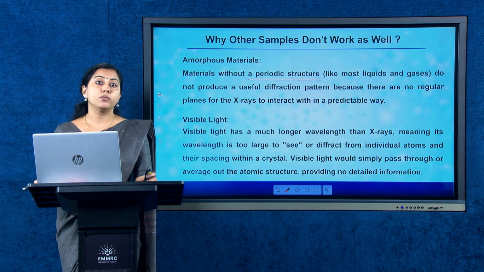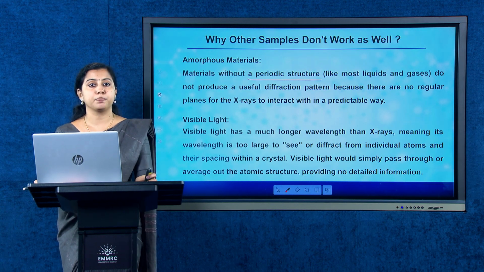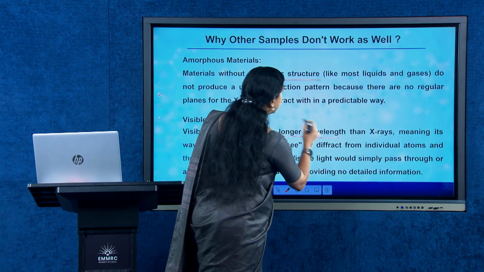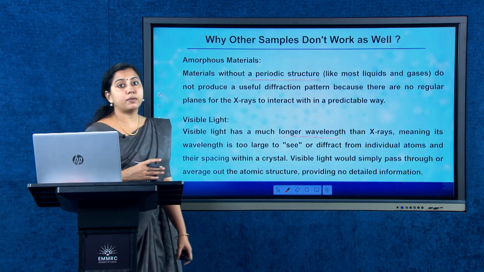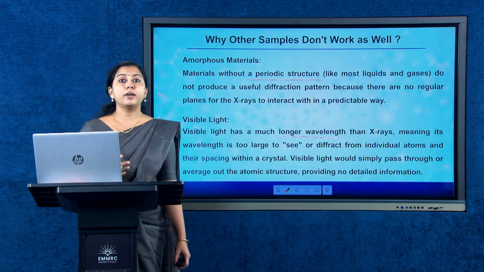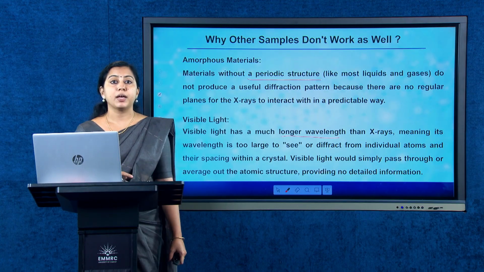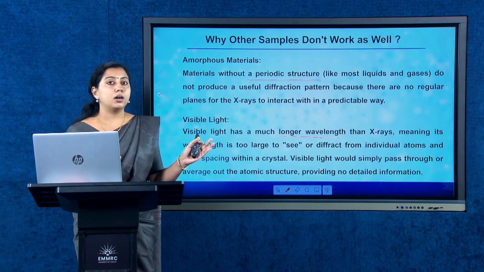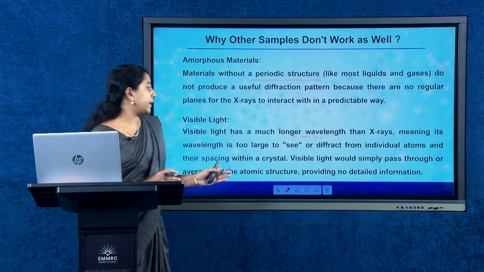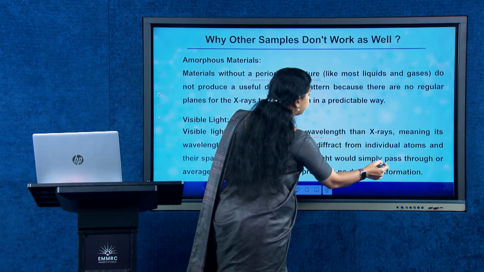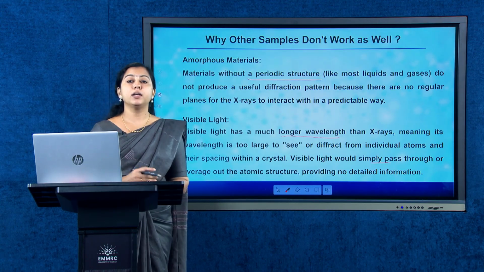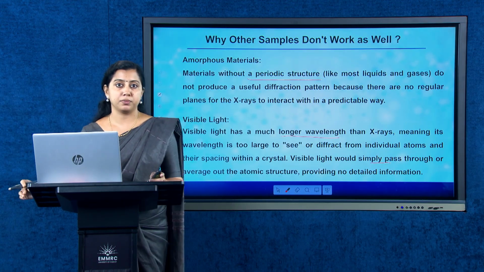Now, what about visible light instead of X-rays? Visible light has a much longer wavelength than X-rays, meaning its wavelength is too large to see or diffract from individual atoms and their spacings within the crystal. So, when we pass visible light, it simply passes through or averages out the atomic structure, providing no detailed information.